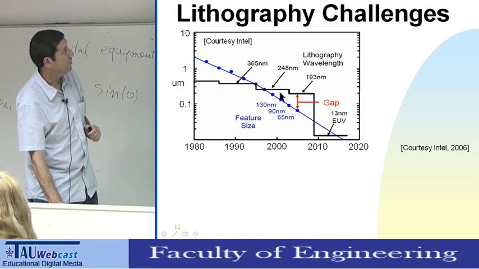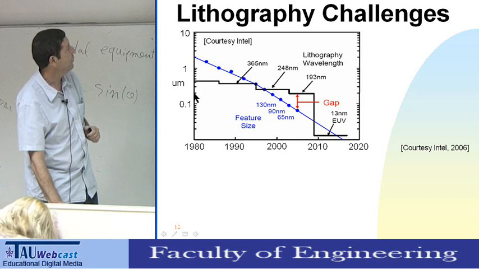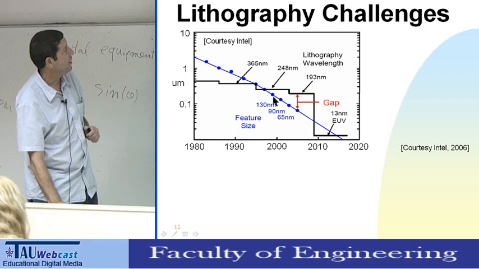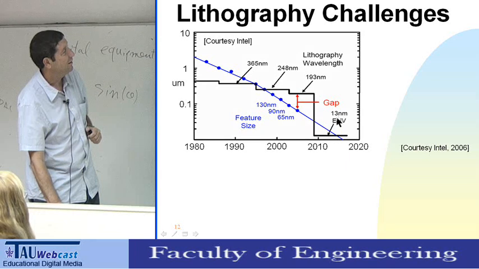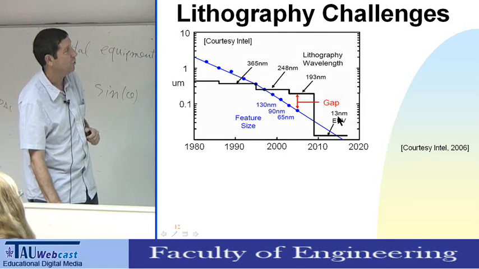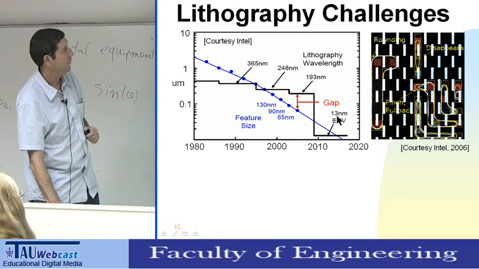Krypton fluoride lasers allow a resolution of 130 nanometer. 193 nanometer allows going to 65 nanometer. Next, going from 193 nanometer to really short wavelength, and I'm going to show you today about these two.